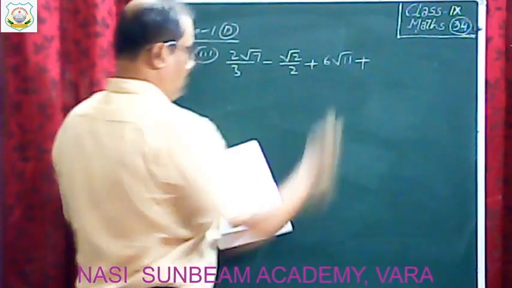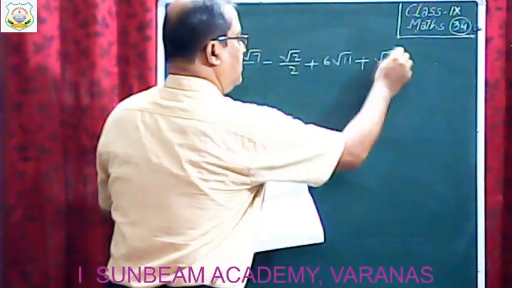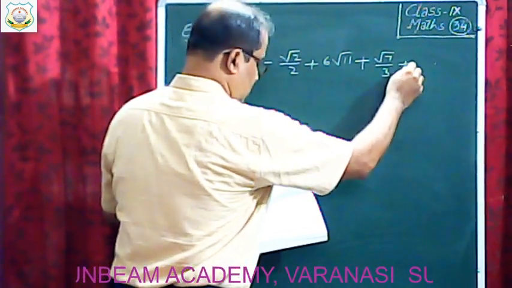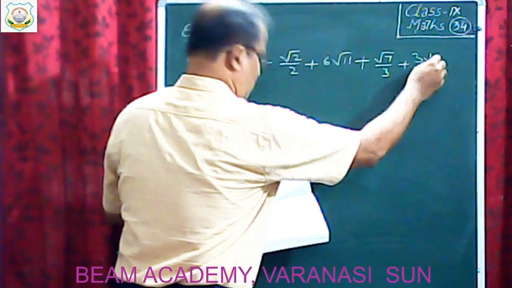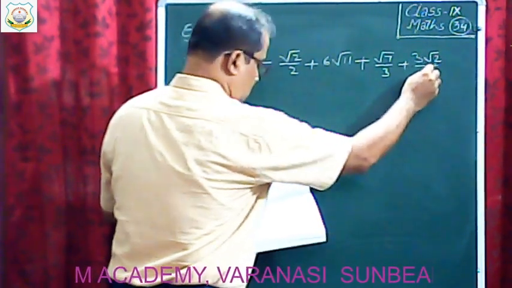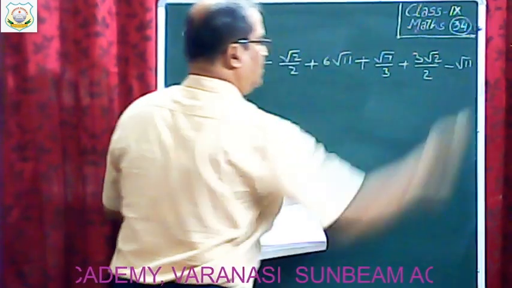Add, and is there to add: square root 7 upon 3 plus 3 square root 2 upon 2 minus square root 11.